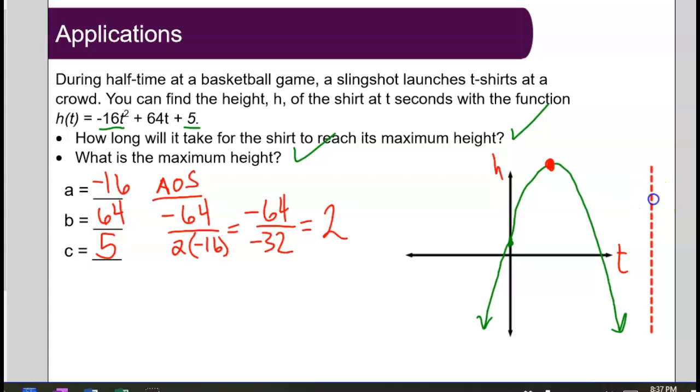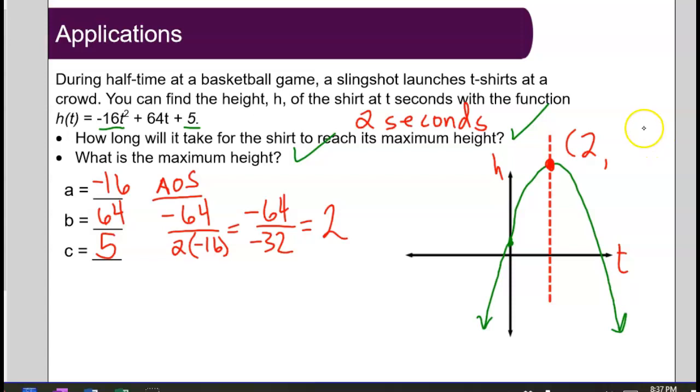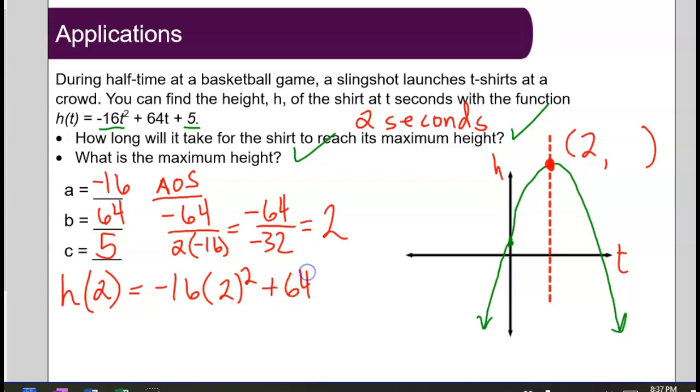Well, what did we just figure out there? We figured out the x-coordinate of our vertex. We know that it's going to take 2 seconds to reach the maximum height. That's how long it will take. Now, what is that maximum height? That is the y-coordinate of my vertex. So let's substitute this in here. h of 2 is equal to negative 16 times 2 squared plus 64 times 2 plus 5.